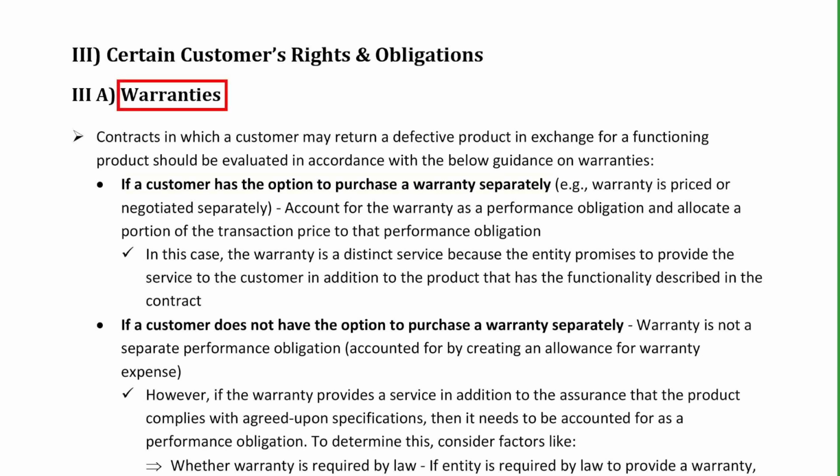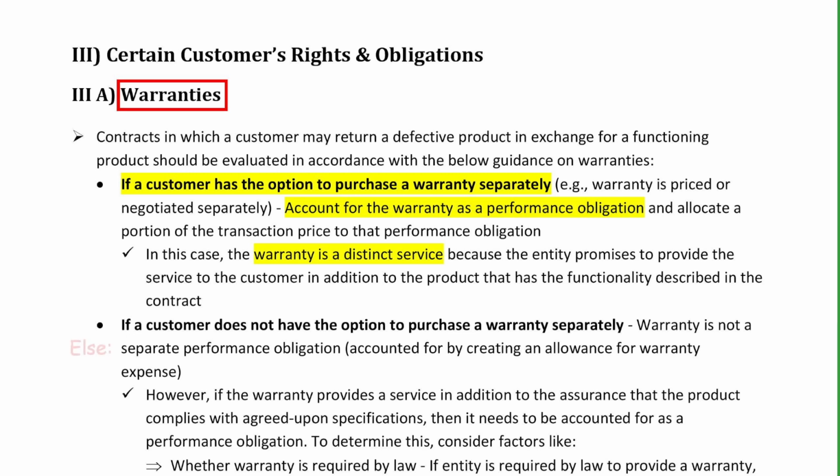Now highlight if a customer has the option to purchase a warranty separately. Highlight account for the warranty as a separate performance obligation, because warranty becomes a distinct service.